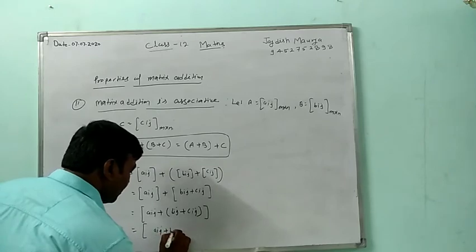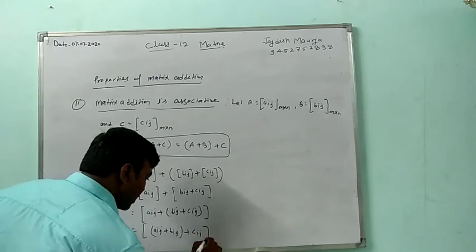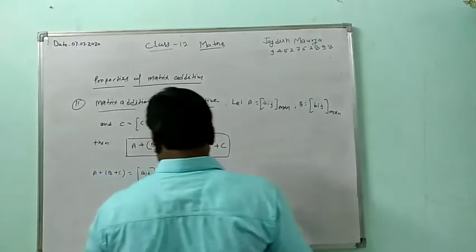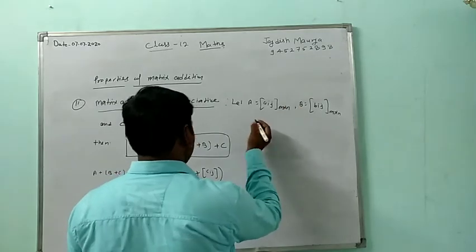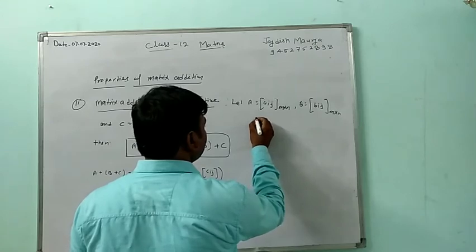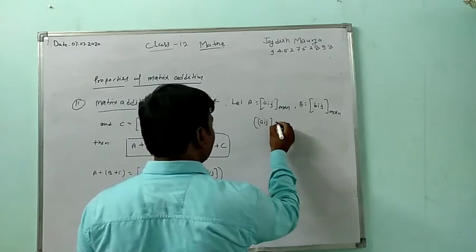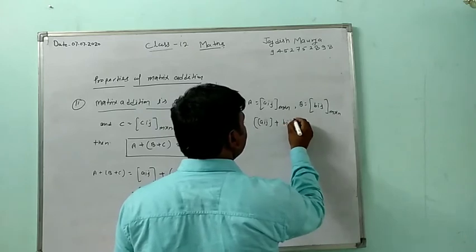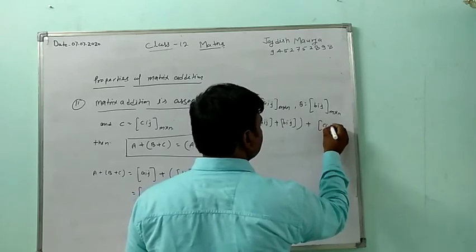Aij plus Bij plus Cij, and by the addition of these matrix, here by the definition we can write Aij plus Bij plus Cij.